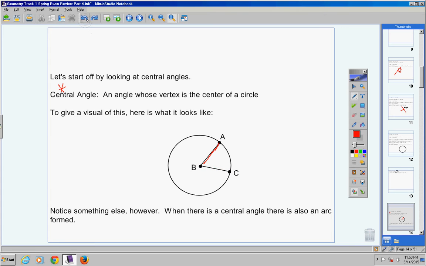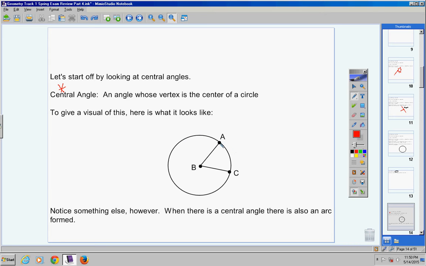Don't confuse that with an inscribed angle. We'll get to those a little later. That's a central angle. Now, notice when you have a central angle, there's always an arc formed. Actually, there's two arcs formed. There's the minor arc, and there's the major arc right there. Okay? So whenever you have a central angle, there are two arcs formed.